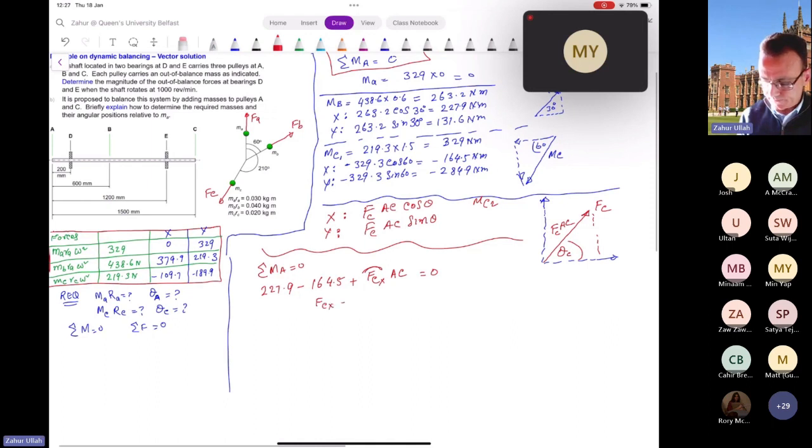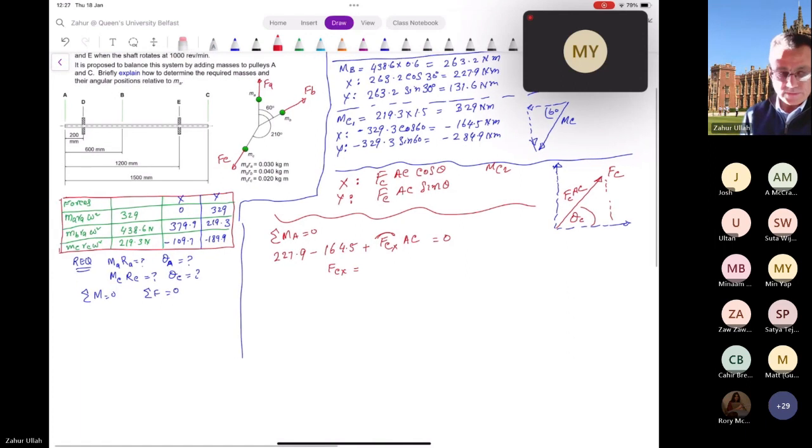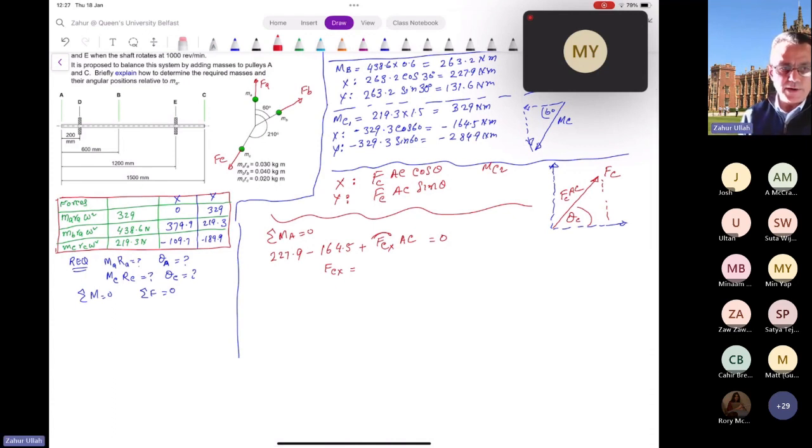You can calculate it from here, and if you calculate this, it will be minus 42.3, and this will be in newtons. So we managed to calculate this FCX, and this was when you just add the X component. Now you can add the Y component.